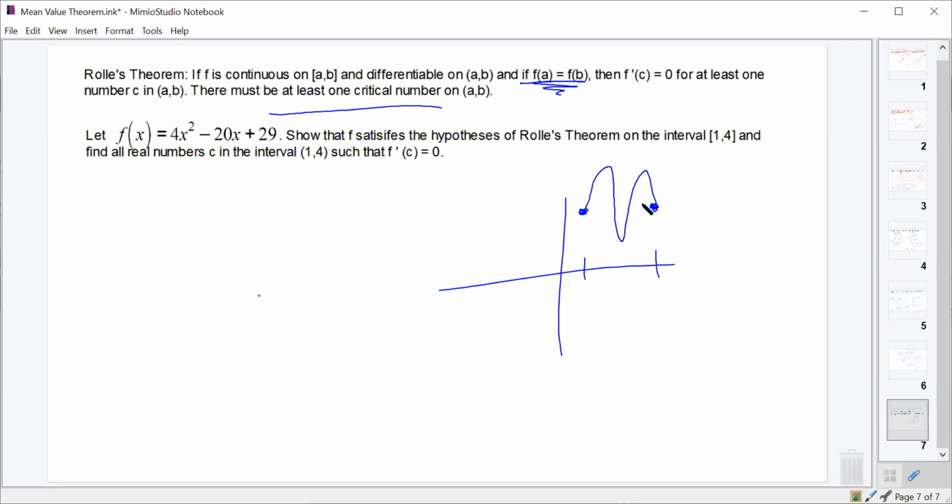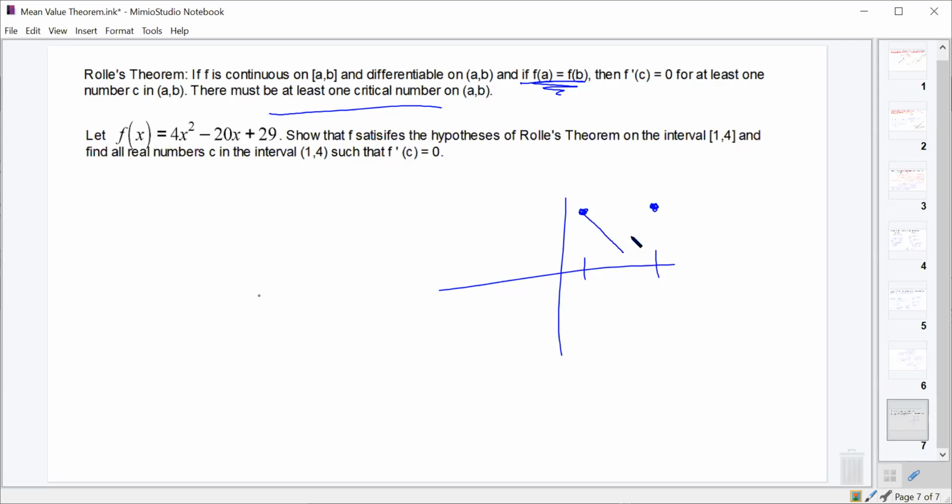Yes. There's in fact 3 of them. What if I do it like this? Straight horizontal line. Is there at least one place where the derivative is 0? Yes. In fact, every place along here, the derivative is equal to 0.